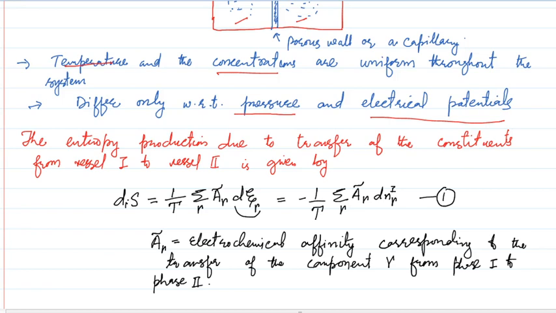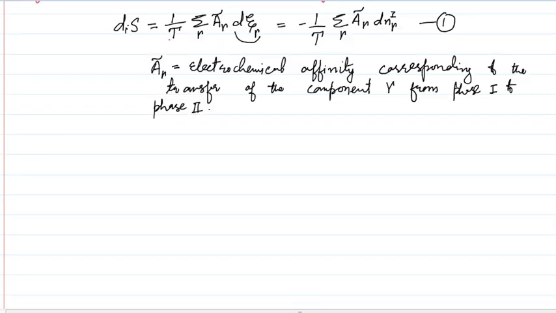So this electrochemical affinity will then be defined as A gamma plus Z gamma F (phi 1 minus phi 2).